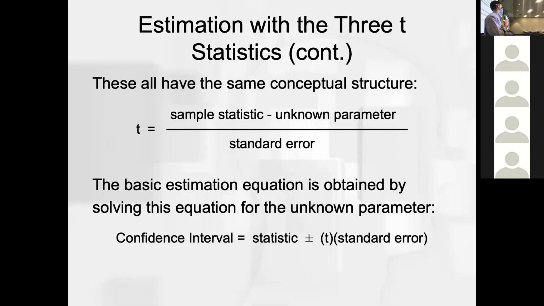But they've all got that same conceptual structure: a sample statistic minus the unknown parameter, divided by essentially how much variance there is, but we're using standard error rather than variance.